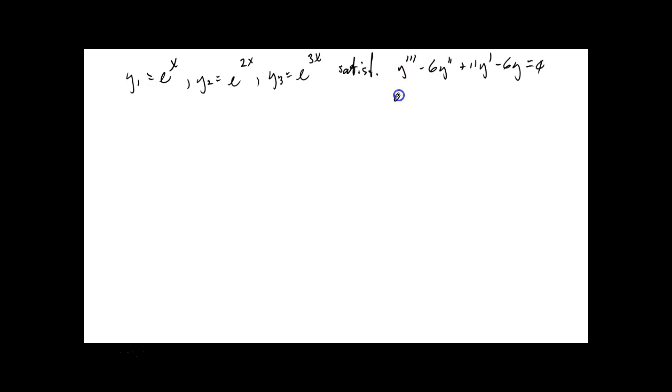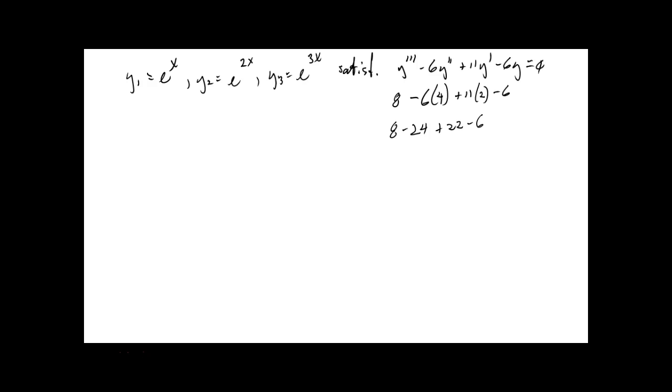That would be 8 minus 6 times 4 plus 11 times 2 minus 6, right? Okay? So this will be 8 minus 24 plus 22 minus 6. Yeah. That's 30 minus 30, right?